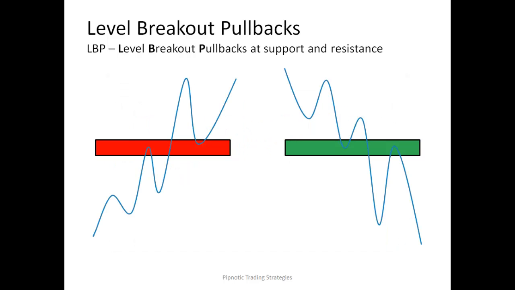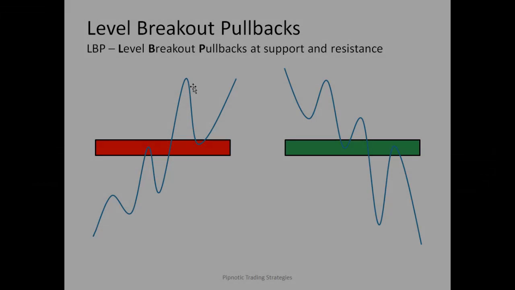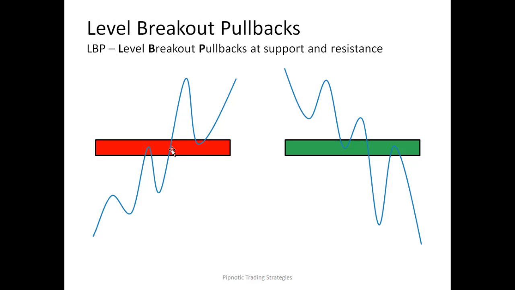Then we have our level breakout pullbacks, and these we see in trending markets, but also in high volatility markets as well, where price approaches a level, is rejected, it manages to break through the level, and the simple fact that price rejected this level and broke through it makes this level once again price sensitive.